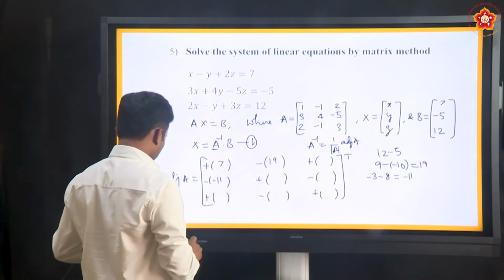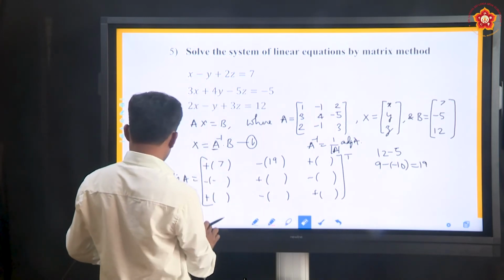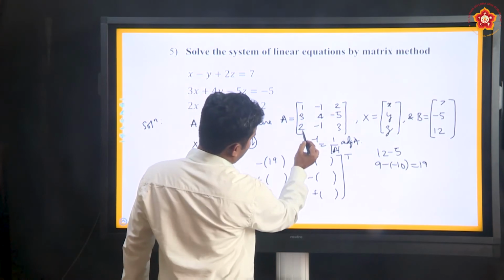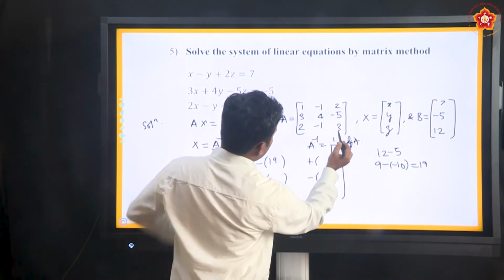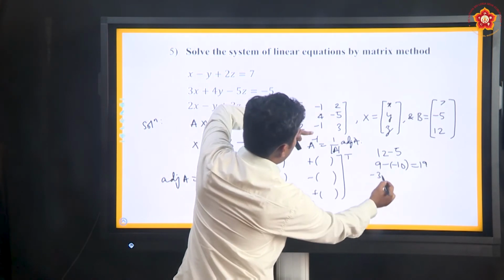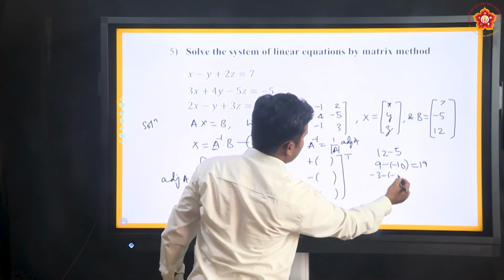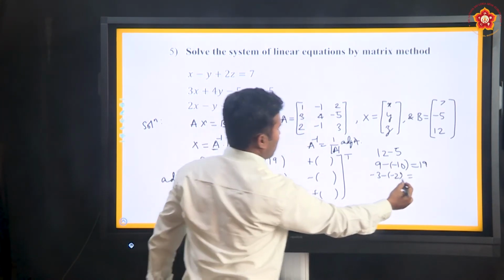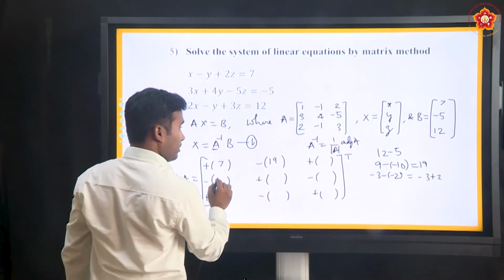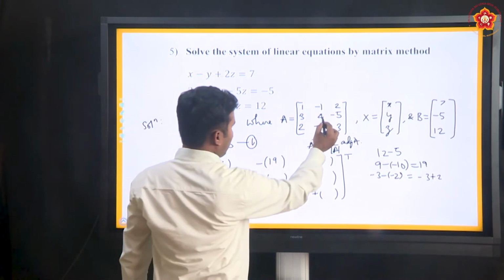Similarly, for this entry, delete the second row and first column. Minus 1 into 3 is minus 3, minus of 2 into minus 1, which is plus 2. So, minus 3 plus 2. What is the answer? Minus 1. Now we have to find this entry.